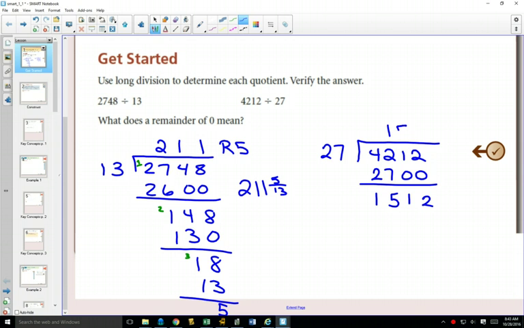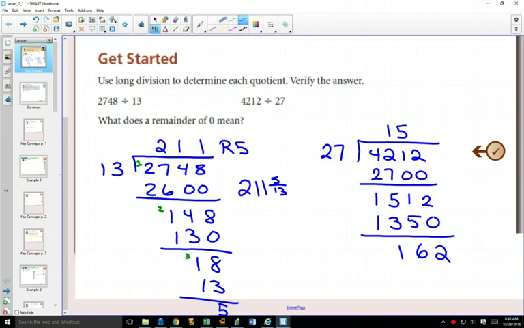And that math off to the side, you're going to find out 5. 5 times 27 is 135. And again, since that 5 is in our tens column, it's really like 50. And we're left with 162.